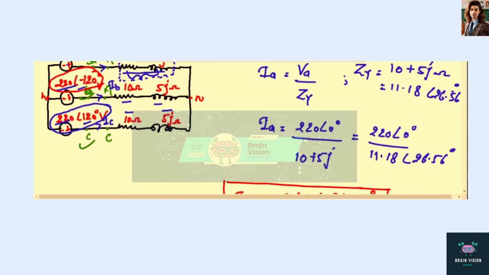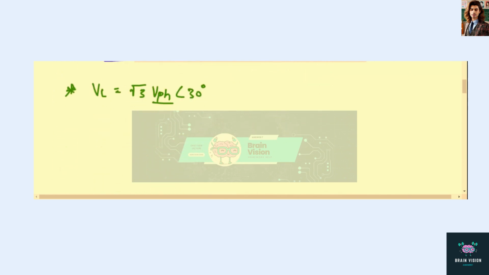So VAB is root 3 times VPH, 220 angle 30 degrees, because the initial angle is 0 plus 30 degrees, right?